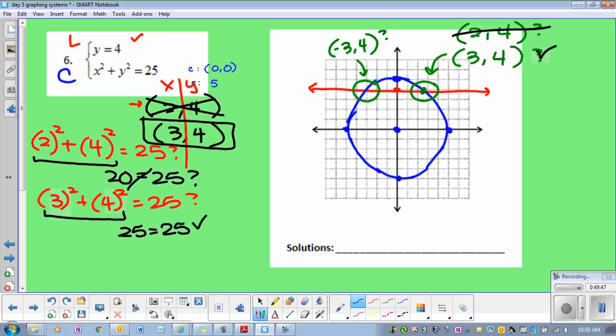Yeah? And since this is a circle, and that other intersecting point is right on the other side, then is this negative 3, 4? Hmm? Yeah. So your solutions are negative 3, 4, and 3, 4. Do you agree? Okay.